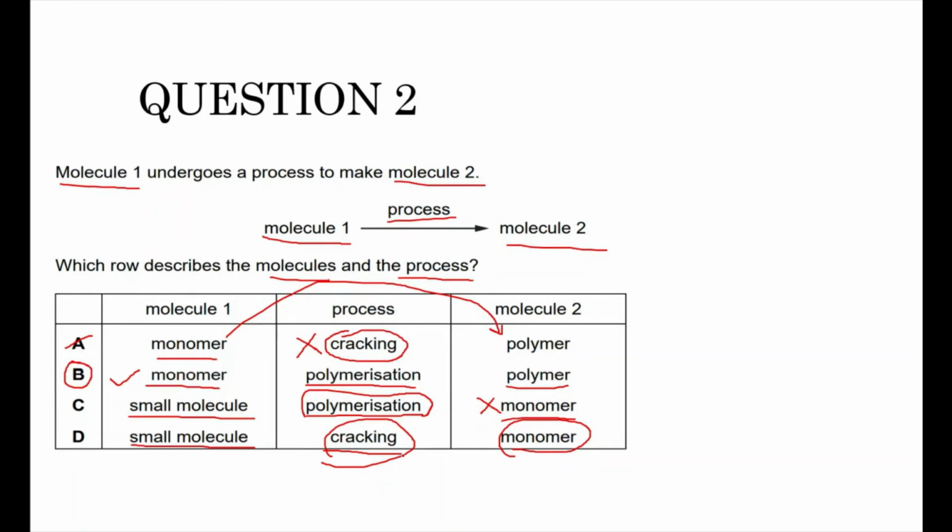So this option is not correct as well, because molecule 1 is a small molecule. However, in cracking, molecule 1 must be a heavy molecule or a heavy hydrocarbon, right? So the answer for this is B, right? So let's move on.